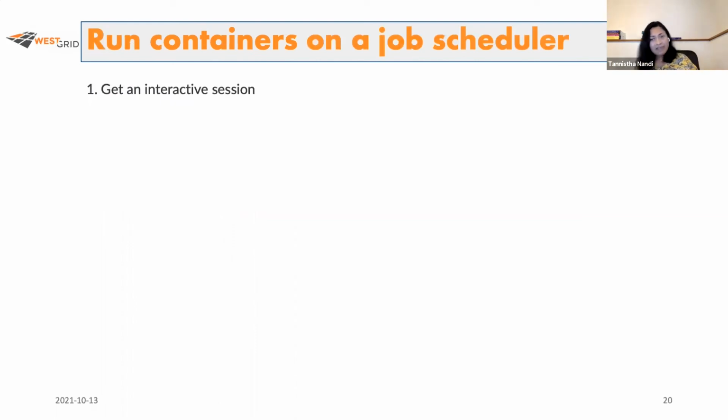Now we have the image, we are on an HPC system. On an HPC system, we run everything on a scheduler. The scheduler which we have on our systems is Slurm. So how do we run these images through a scheduler?